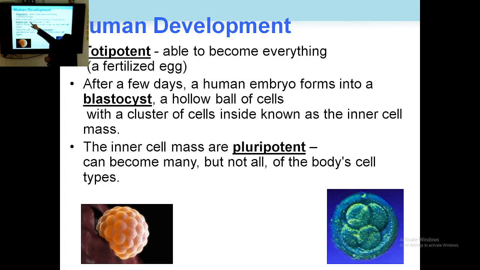After a few days, the totipotent cell, or fertilized egg, forms a human embryo called a blastocyst. What do we mean by blastocyst? A blastocyst is a hollow ball of cells with a cluster of cells inside known as the inner cell mass. The inner cell mass cells are called pluripotent.